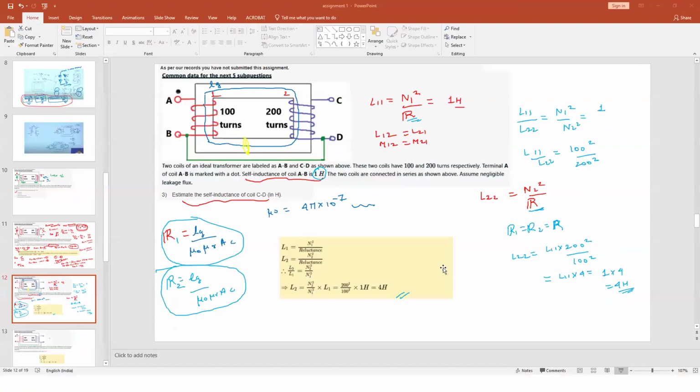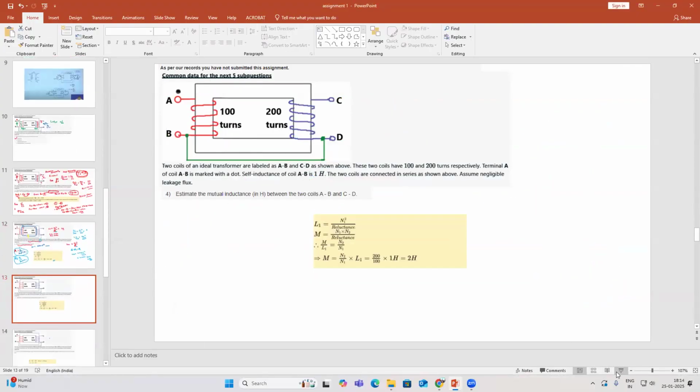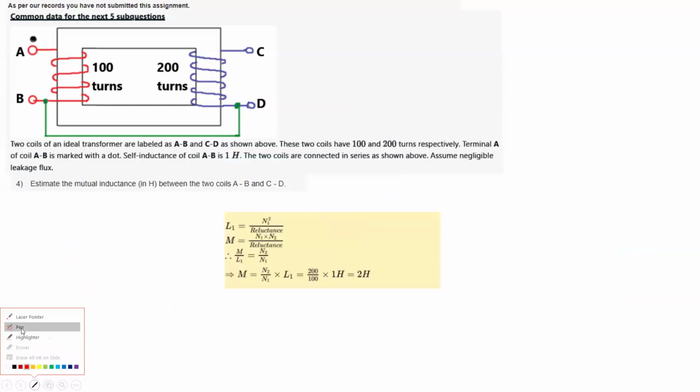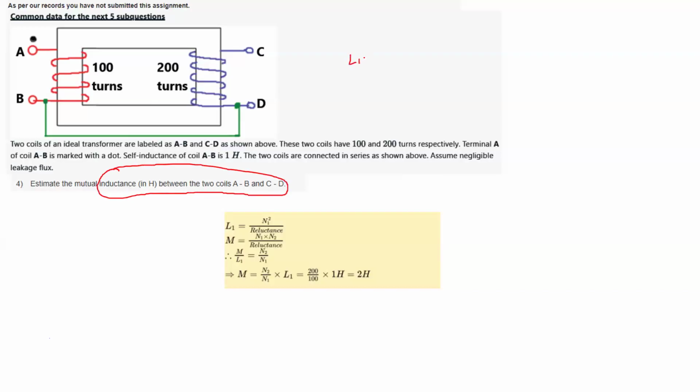Now coming to the next question. They are asking you to find the mutual inductance between the two coils, L12 or L21, which is N1 N2 by reluctance. We know L11 is N1 square by reluctance, given as 1 Henry.